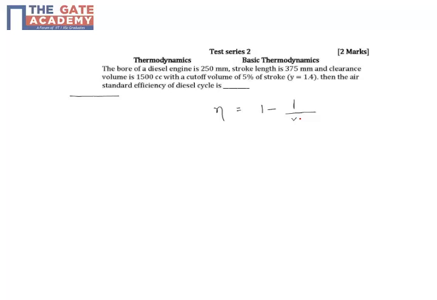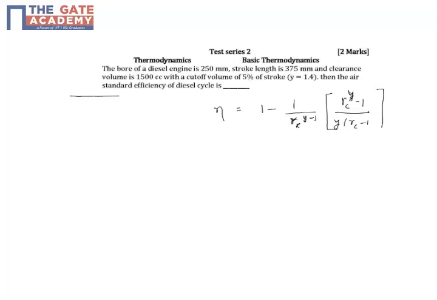So 1 minus 1 by Rk to the power of Y minus 1, where Rk is the compression ratio, Y is the standard specific heat ratio, multiplied by Rc to the power of Y minus 1, where Rc is the cutoff ratio, divided by Y into Rc minus 1.